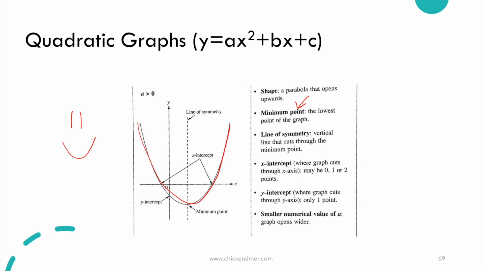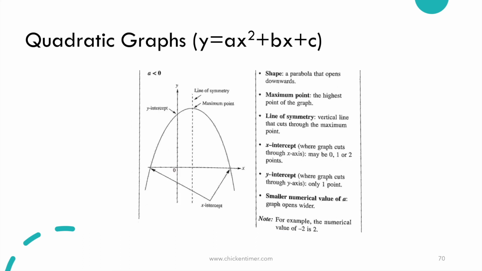So a typical graph will have the minimum point, a line of symmetry, then you have x-intercept, y-intercept. There's also mentioned that if the a value is smaller, the graph becomes wider horizontally. So this is when a is positive.